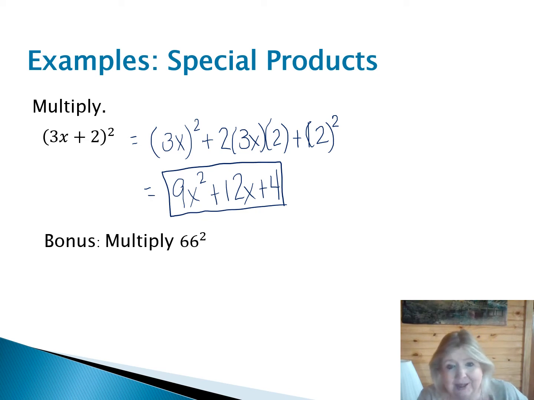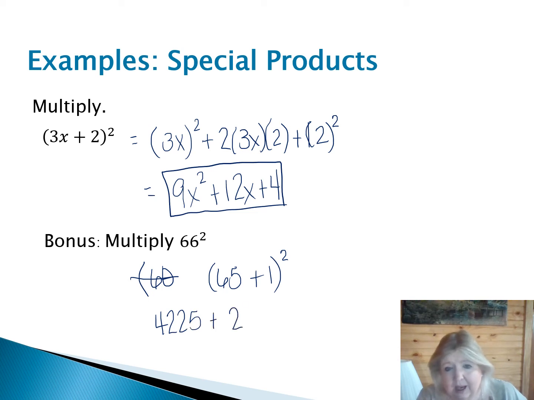Now let's take a look at the arithmetic, just because I think it's kind of cool. If I think of 66, instead of 60, let's make it 65. I don't know if you can multiply by 65, but we're going to try. 65 plus 1, because that's the way I would do it. I'm going to square 65. That's 4,225. Plus 2 times 65 times 1, plus 1 squared.